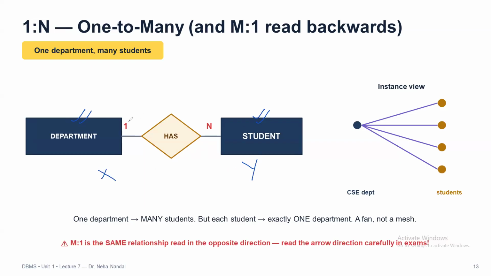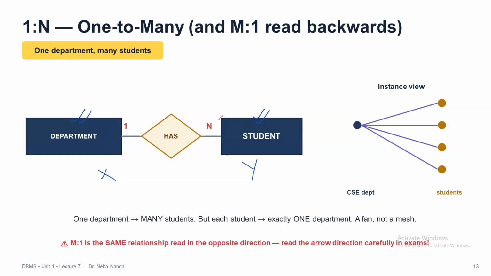How many y's can belong to one department? Many students can belong to one department, but one student cannot belong to many departments. One department can have many students, and many students can belong to one department.